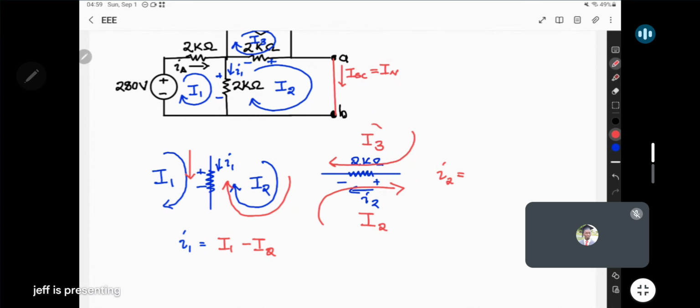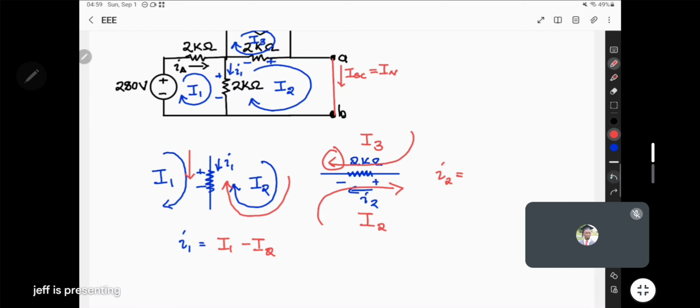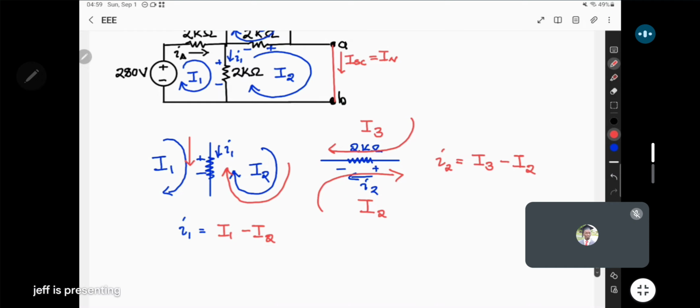You have to see that I3 is in the same direction as that branch current, since they are both going to the left. So I'll say I3 will be the positive one. Then I2 is in the opposite direction to that branch. So I'll say minus I2. These are the relationships that are there.